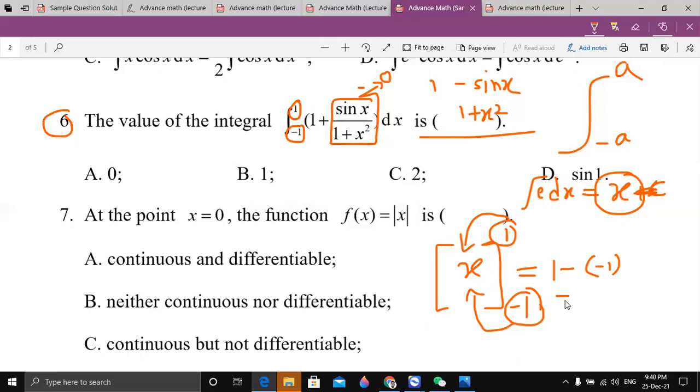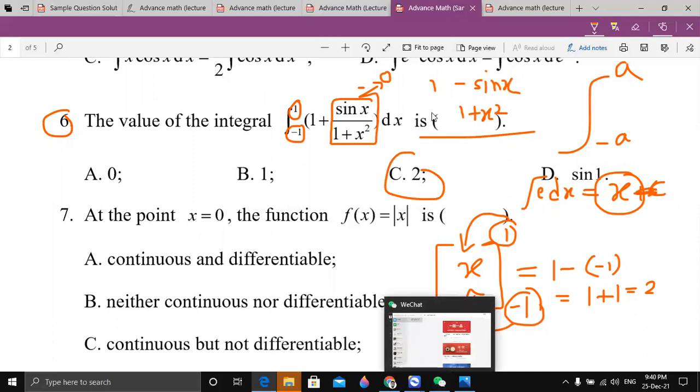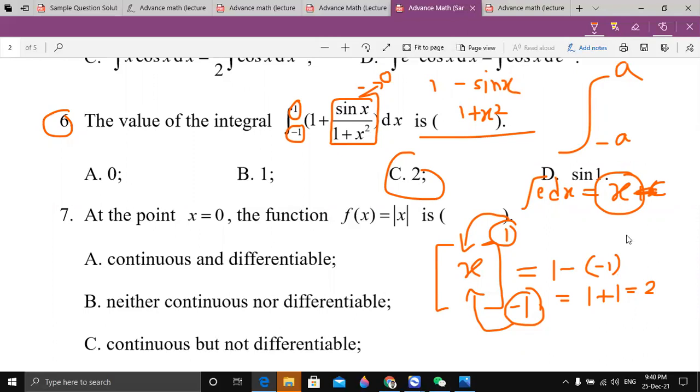So ultimately the answer is 1 plus 1, which is 2. So our answer is number 6. The answer is C.